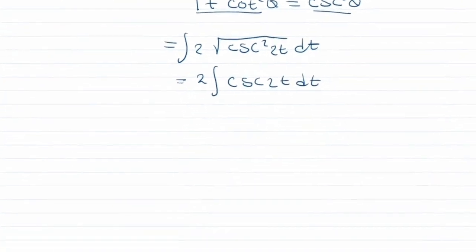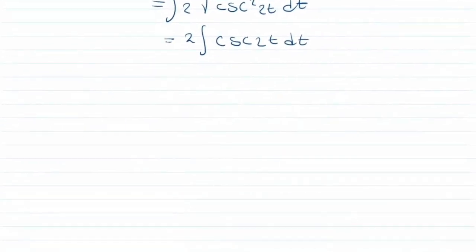Whenever you want to integrate, there is a standard form where we can just say, for instance, let's say we are integrating cosec ax.